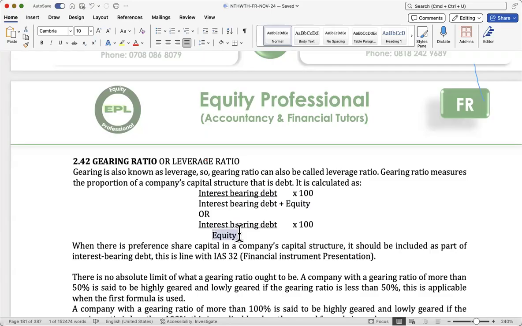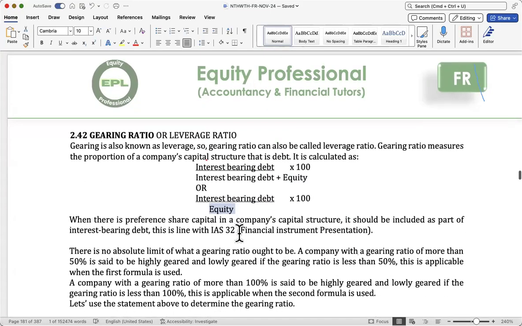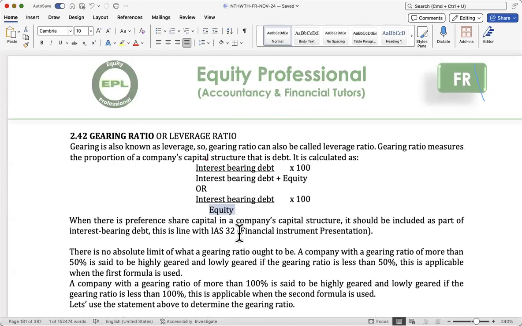When you have ratios like this, of course, the lower the better for any entity. When it comes to looking at the proportion of your capital structure that is debt, the lower the better. And what is lower? Lower is 50%. That's if you are using ratio 1, this formula 1.